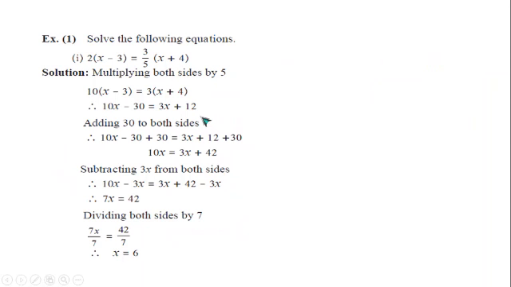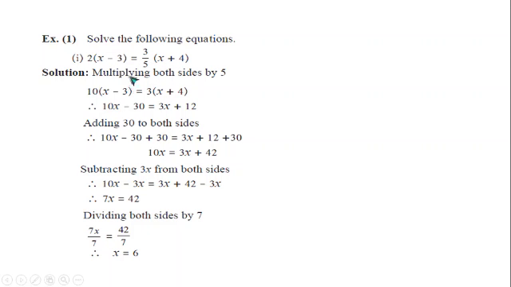Let's start with the first example. It says, solve the following equations. The equation is 2 into x minus 3 equal to 3 upon 5 into x plus 4. I don't want the denominator here. So, I'll multiply both the sides by 5.